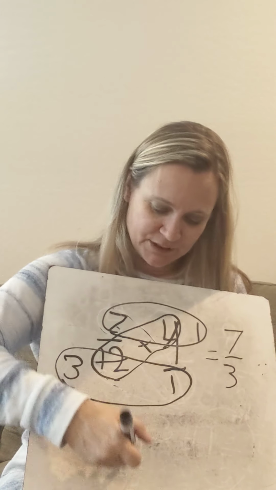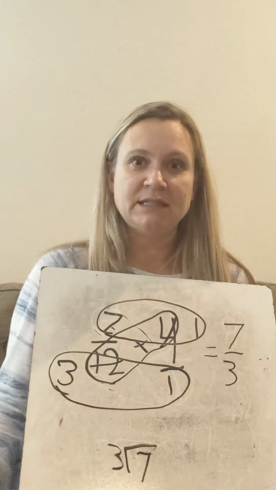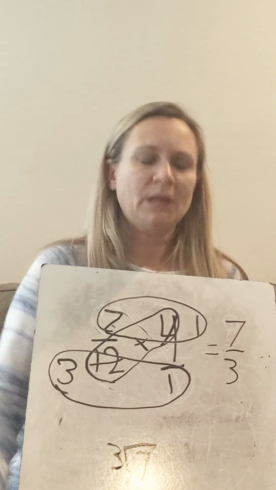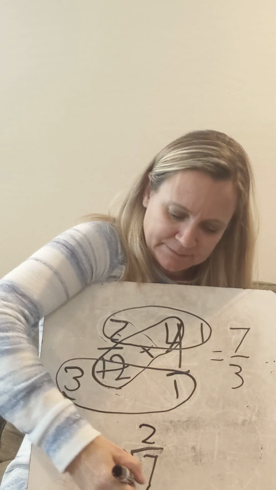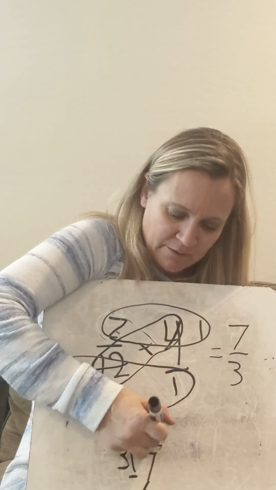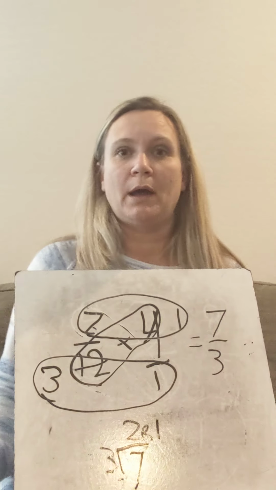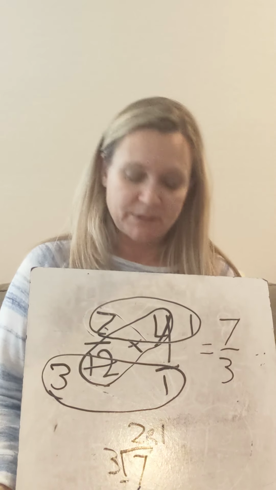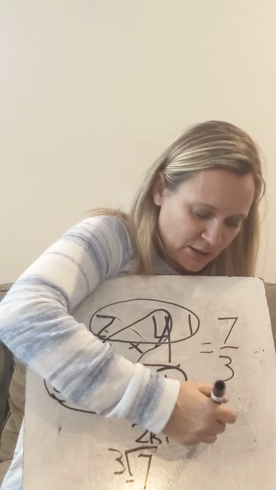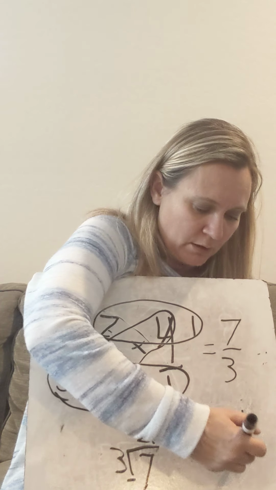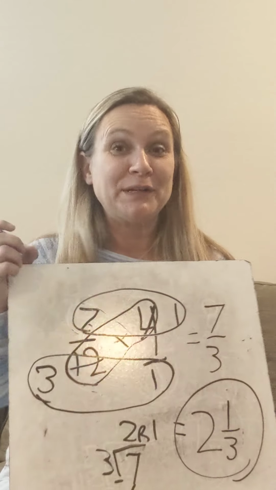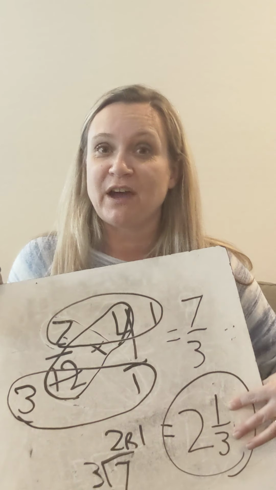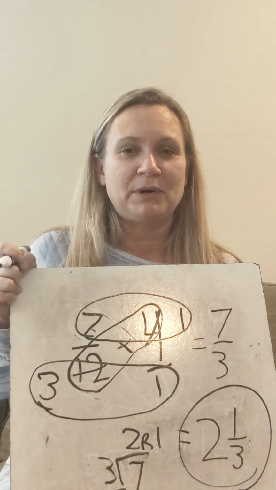So I'm going to divide. 3 goes into 7 2 whole times. 2 times 3 is 6. I have 2, remainder 1. And we're going to change that into our mixed number, which is 2 and 1/3. That's my answer. And I know it's okay because there are no common factors here and it's not improper.